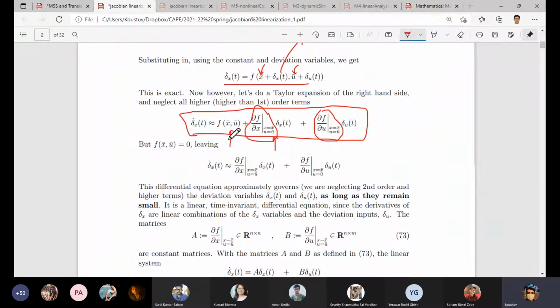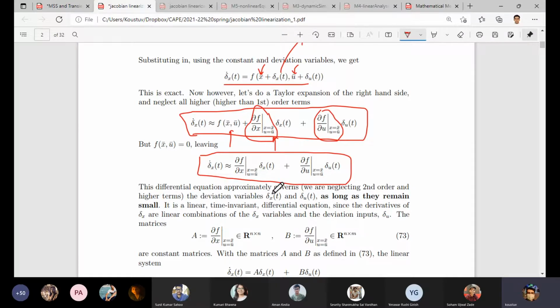The function value at the steady point is always 0, because there is no derivative there and the function value goes to 0. So this ultimately goes to this value, and the differential equation we earlier had approximately governs the deviation variables with respect to time.